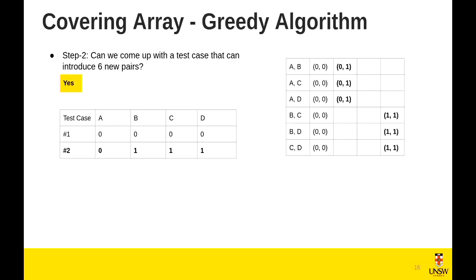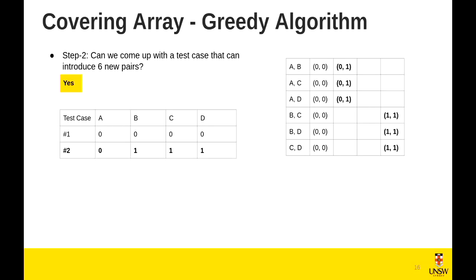And this time, we can cover these many combinations. For AB, we are covering the pattern 0, 1. AC is also 0, 1, and AD is also 0, 1. But for BC, we are covering the pattern 1, 1, and BD is also 1, 1, and CD is also 1, 1. So we can try to come up with this test case.